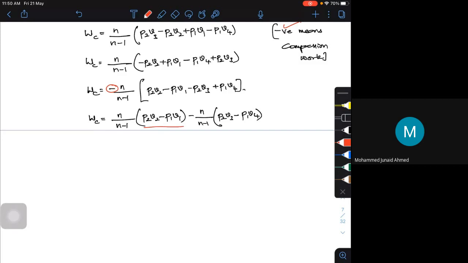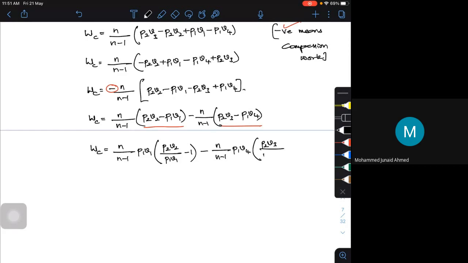So therefore your work of compression will be WC is equal to n by n minus 1 into P1 V1, times P2 V2 divided by P1 V1 minus 1, okay, minus n by n minus 1 into P1 V4 into P2 V3 divided by P1 V4 minus 1.